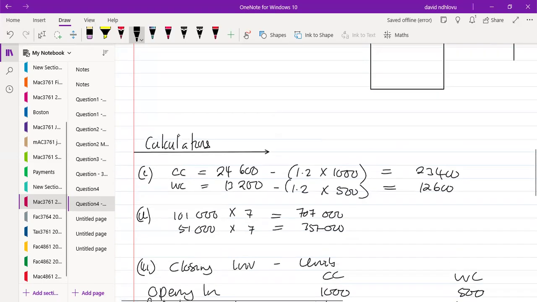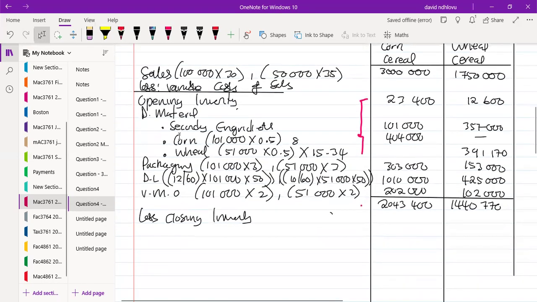Right, is it correct? Let's see. Right, 23,400 plus 101,000 plus 404,000 plus 303,000 plus 1010 plus 202,000. I'm getting the same. Minus 23,400, the answer that I get divided by the number of units of production 101. Right, multiplied by the 2,000 units remaining, I'm getting 40.